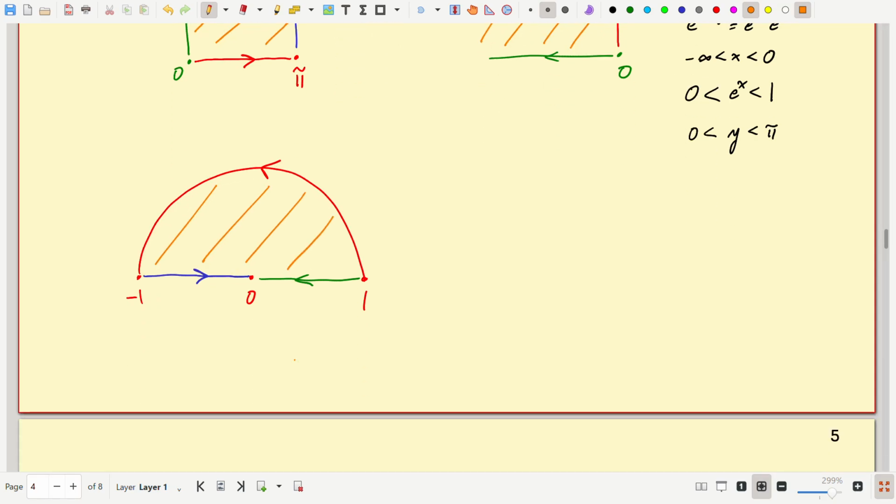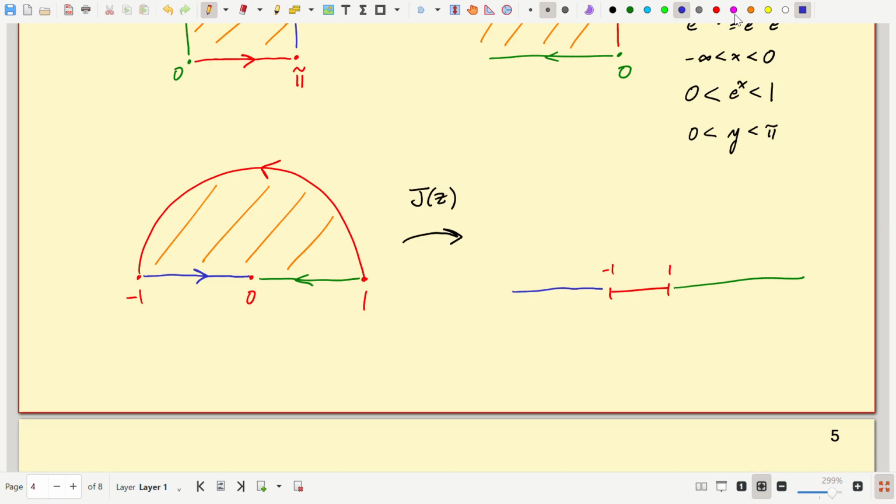And now my Joukowsky map I showed you maps this one-to-one onto the lower half plane. And remember, the circle gets mapped to -1, +1. The green stuff goes out like that, and the blue stuff goes out like that. It's like opening this thing like a dumpster.